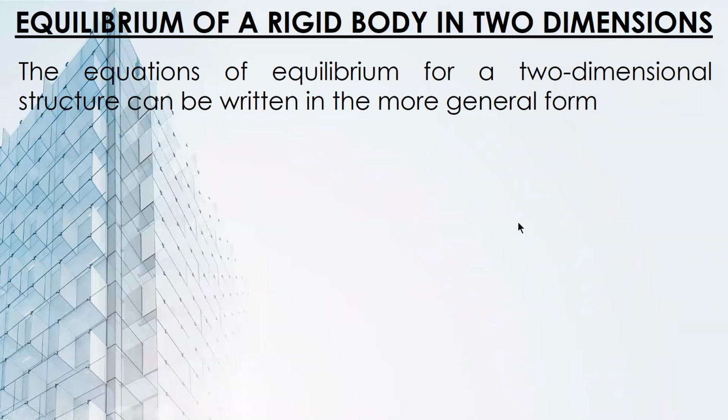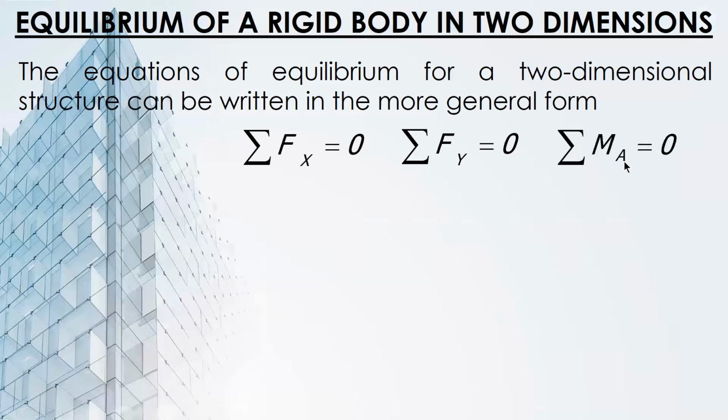The equations of equilibrium for a two-dimensional structure can be written in the more general form. Summation of force x equal to 0, summation of force along y equal to 0, and summation of moment at a certain point A equal to 0. Since it's planar, you only have one moment, about the z-axis.